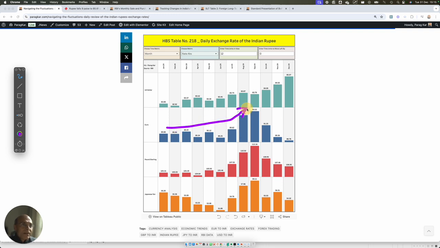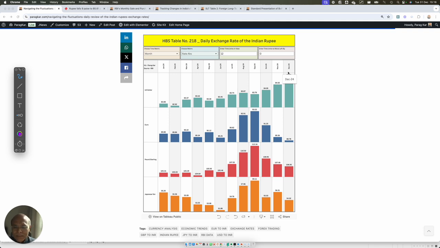It went very high in the month of September and then it has fallen. Similarly, all other currencies are showing a hump kind of pattern. Even the Japanese yen is showing a hump pattern. Only the US dollar versus the rupee is continuously depreciating, and I don't know where the end is. So I thought of investigating this.